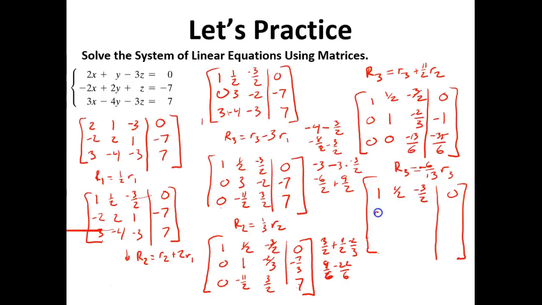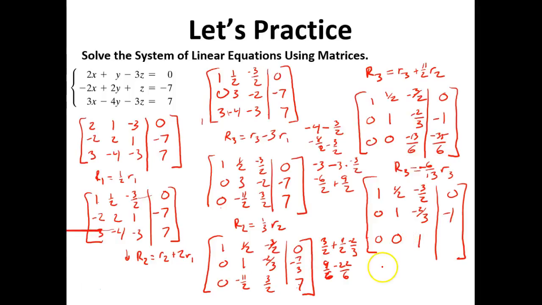Row 2, nothing's changing there, because I'm just changing row 3. And the last row, 0 times -6/13ths, 0 times -6/13ths. This times the reciprocal is going to be a 1.